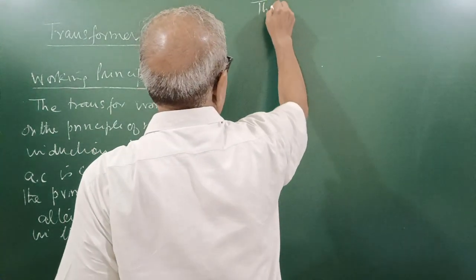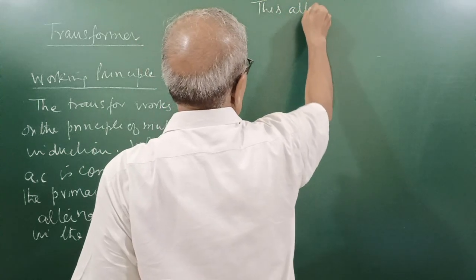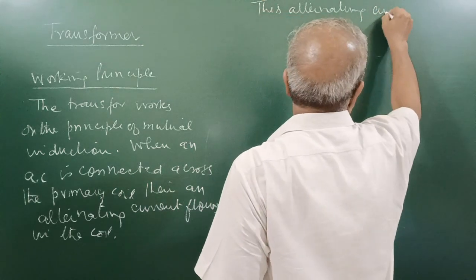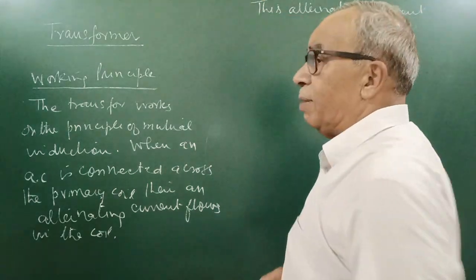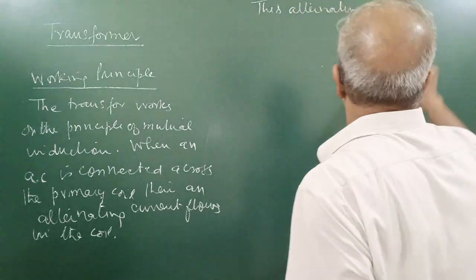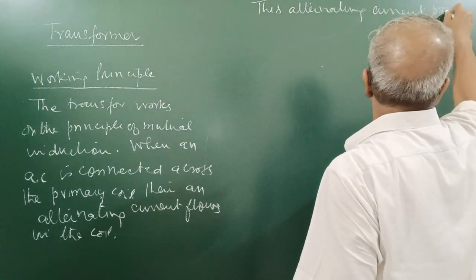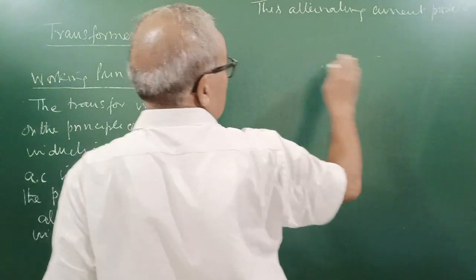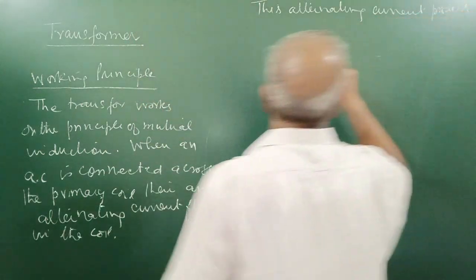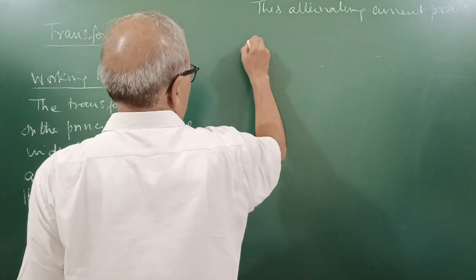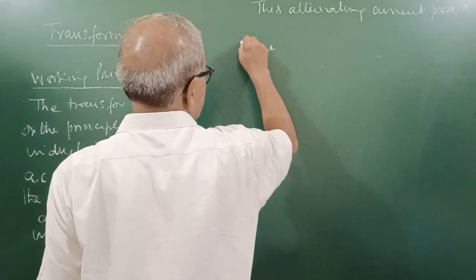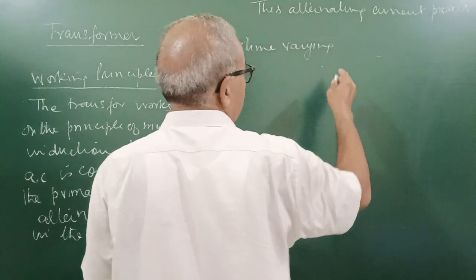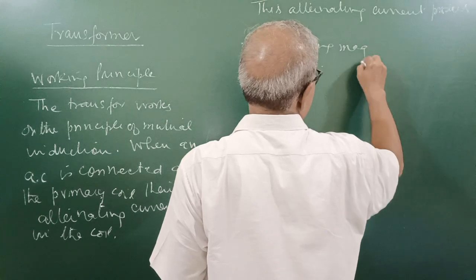This alternating current, which keeps on changing in magnitude and direction both, produces a time varying magnetic field.